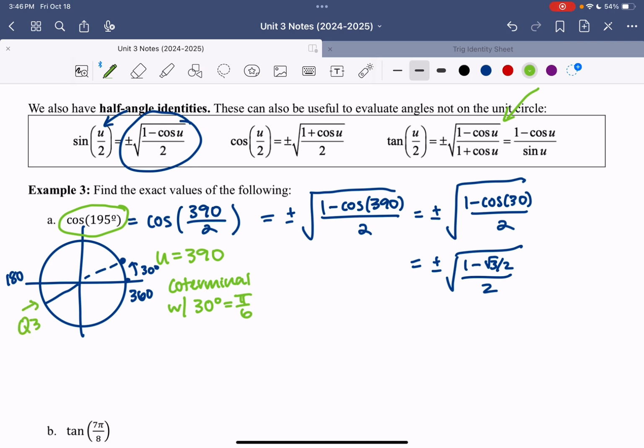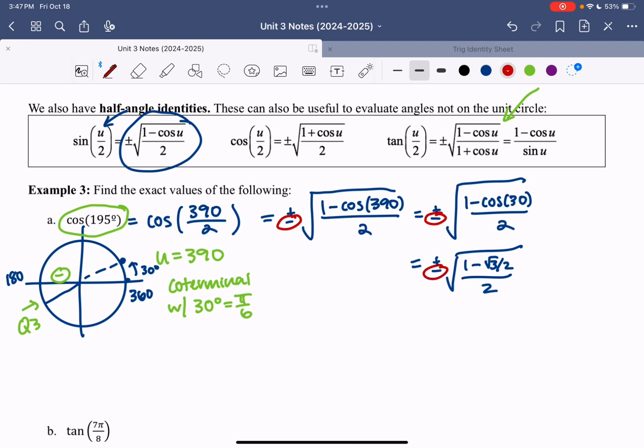So what do we know about the signs of cosine in that quadrant? Well, if cosines are our x values, we do have negative x values in this quadrant, so I know that this value needs to be negative because we're in the negative x's. So what that means is that we want to choose the negative here.